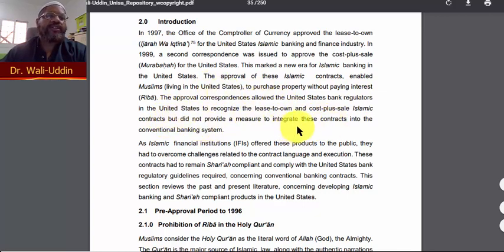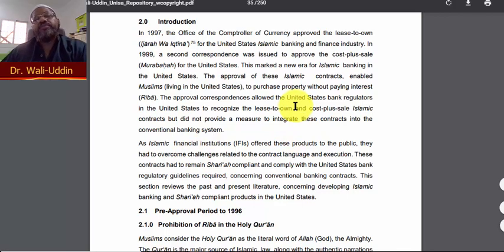The approval correspondence allowed the United States bank regulators to recognize the lease-to-own and cost-plus Islamic contracts, but did not provide a measure to integrate these contracts into the conventional banking system.